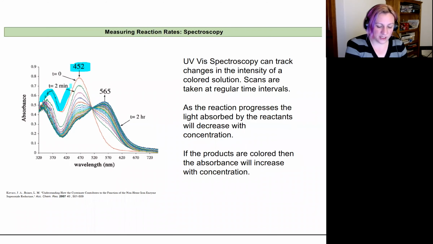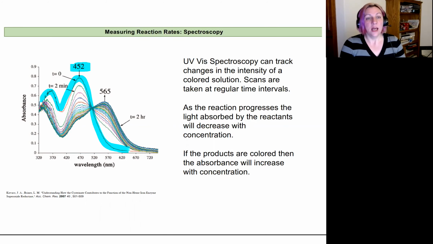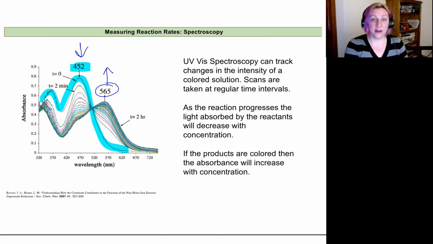So it's this one right here with this peak at 452, and that's at time 0. So then as time passes, we see that this decreases and a new peak increases at 565, and we see the color slowly change from this kind of reddish color to this bluish color over time.